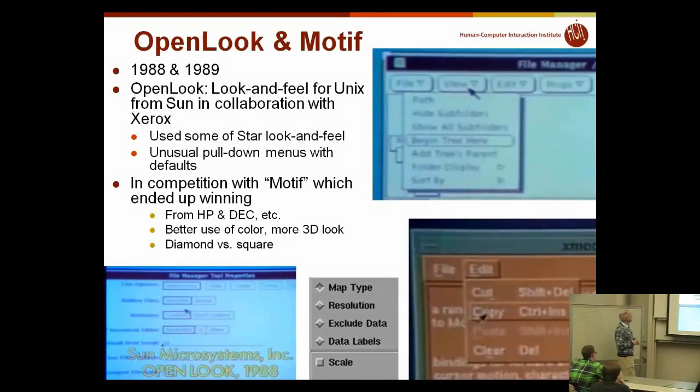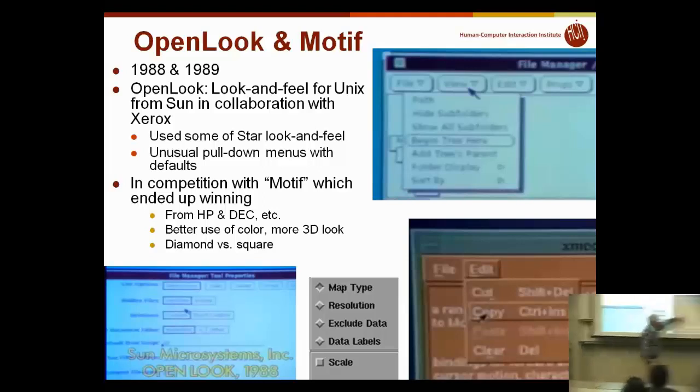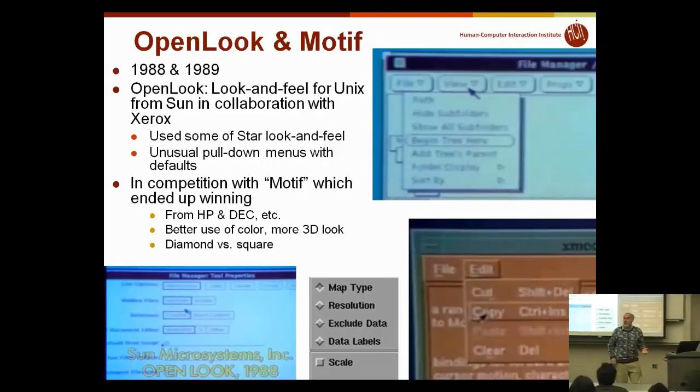And a bunch of other companies headed by Hewlett-Packard and DEC came up with a different standard called Motif, which was much more 3D-ish and colorful, right? So Star was black and white, so it's not too surprising that the Xerox design was kind of black and whitish.